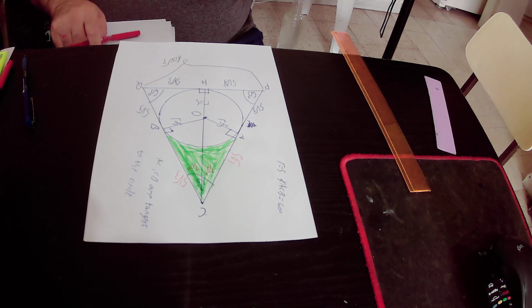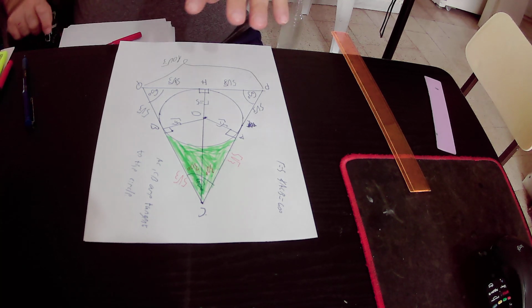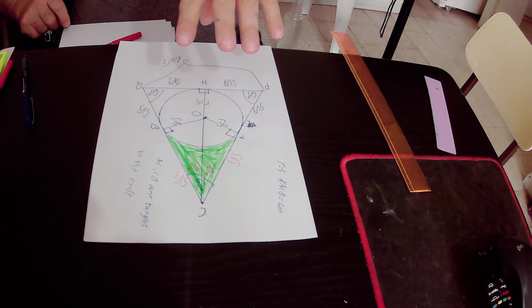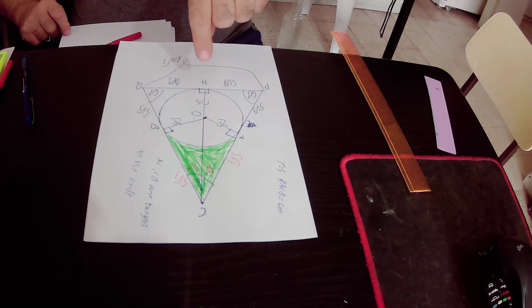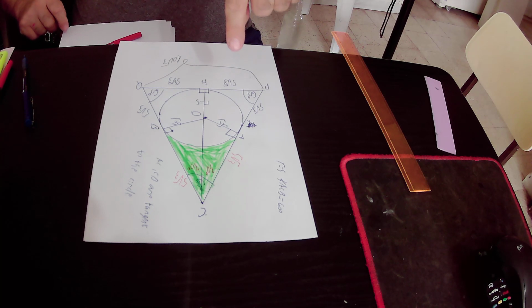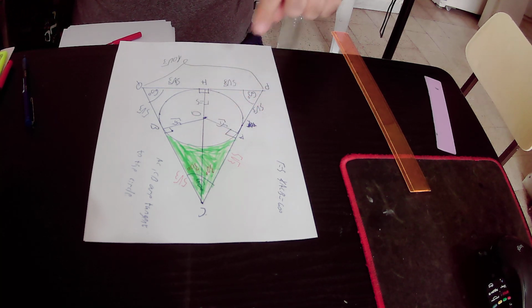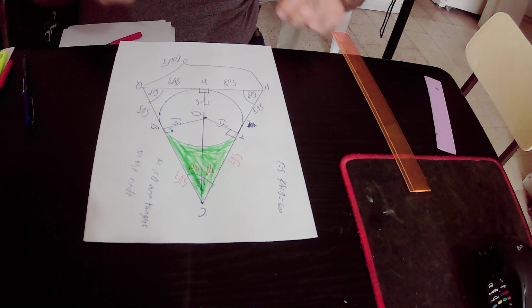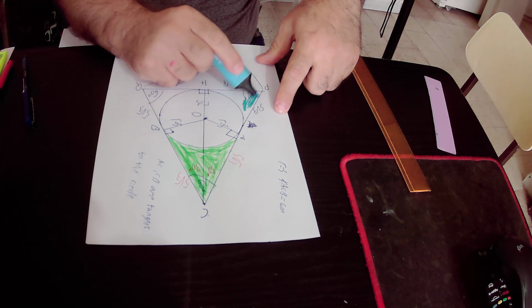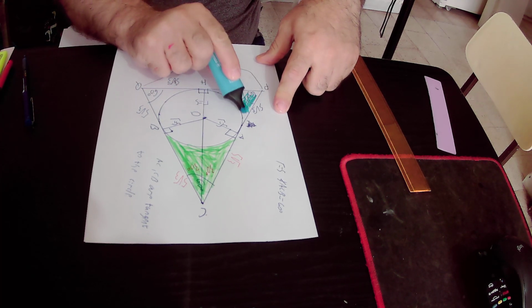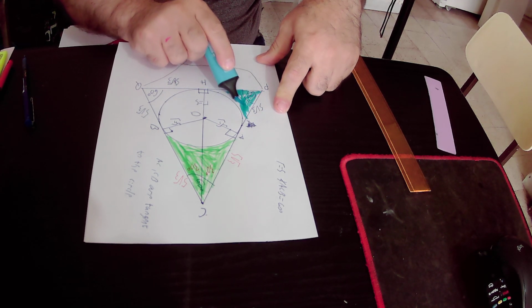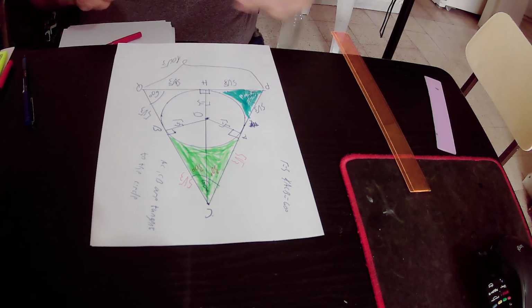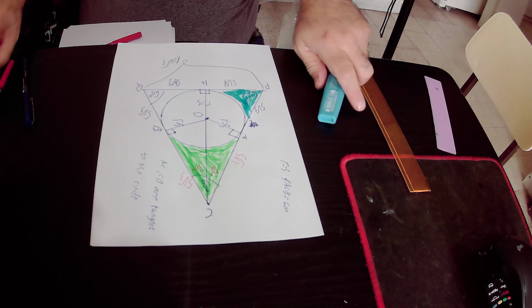If we subtract the area of the big triangle, the equilateral triangle CPQ, minus the area of the circle, it will be equal to the area of the green shape plus the area of the blue shape plus the area of the yellow shape.